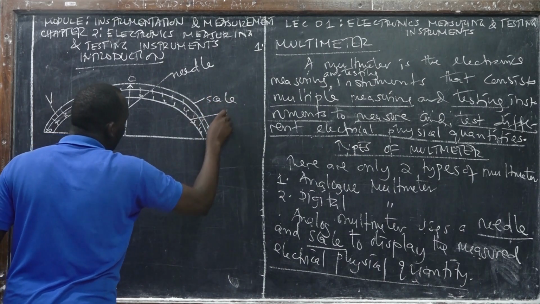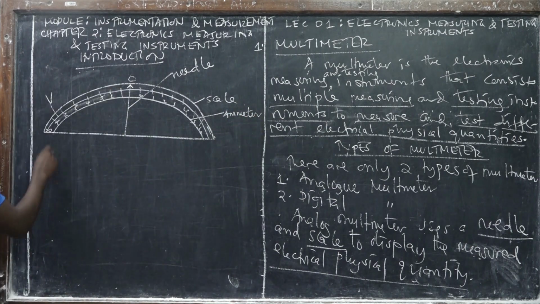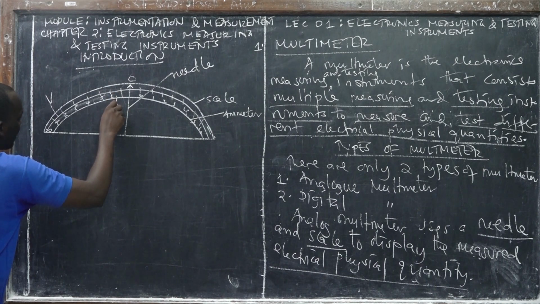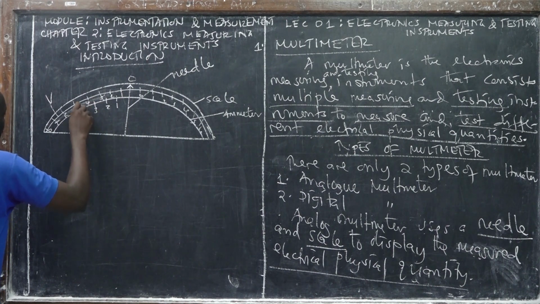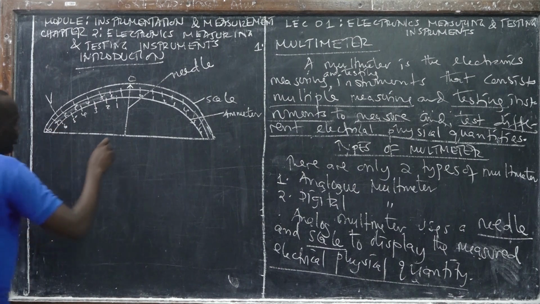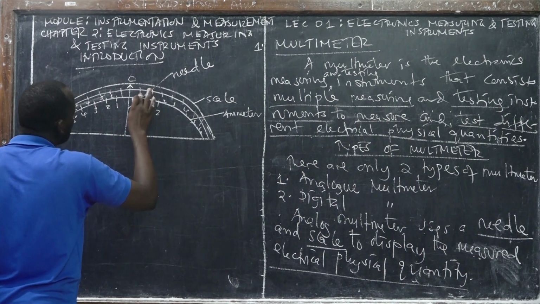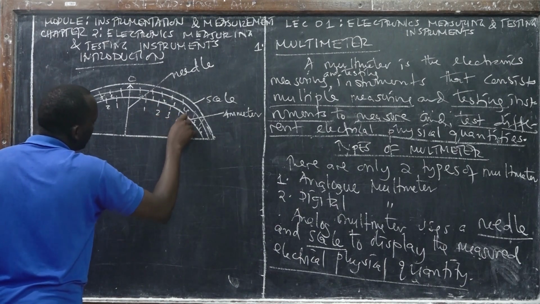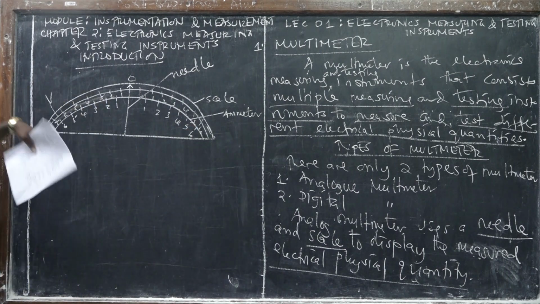This one is the ammeter, with another scale: 1, 2, 3, 4, 5, 6 and 1, 2, 3, 4, 5, 6. So suppose this is the voltmeter and this is the ammeter.